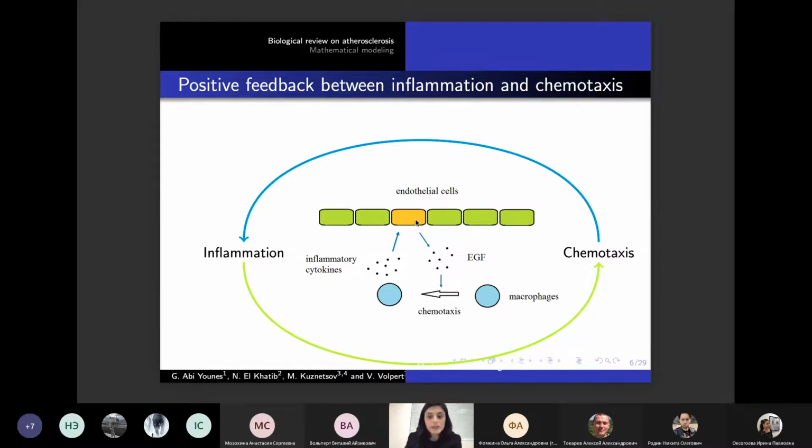Activated endothelial cells in turn produce EGF, or epidermal growth factor, and this EGF mediates the chemotaxis of macrophages. Then macrophages can move towards oxidized LDL to phagocytose it, and so on. So there is a positive loop between inflammation and chemotaxis.